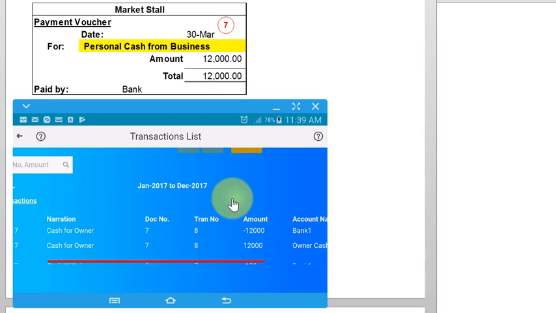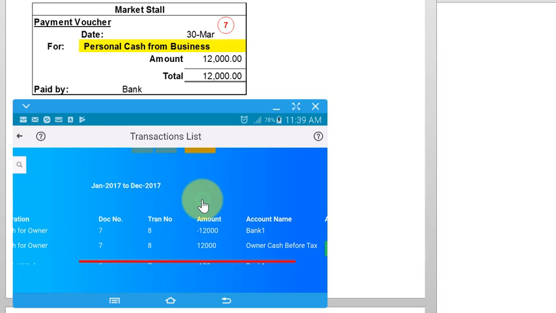The amount is correct. And most crucial, where is the money coming from? The bank account. That's why that amount is negative. The balance on the bank account is going to reduce. And then it's ending up on the owner's account. That is owner's cash before tax. That's where that value is ending up as far as the records are concerned.